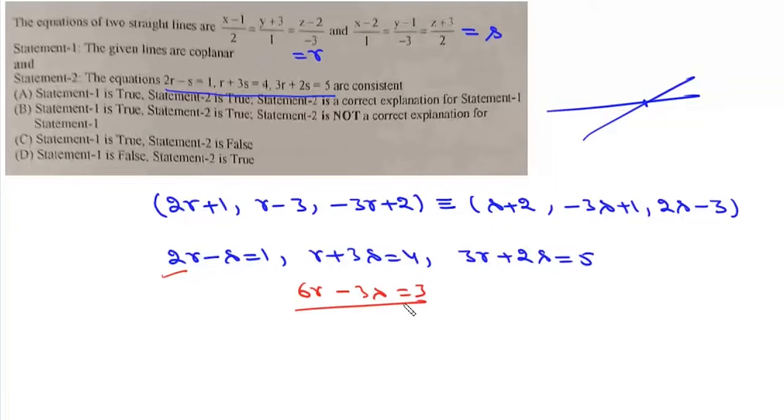Now if we add them, we'll get 7r equals 7. So the value of r is 1, and if the value of r is 1, the value of s is also 1. Now if we put r and s here, 3 plus 2 is 5. So this system of equations is consistent and the value of r and s is 1. And if the system of equations is consistent, then these two lines intersect at a point. So both the statements are correct, and statement 2 is a correct explanation of statement 1. So the answer is option A.